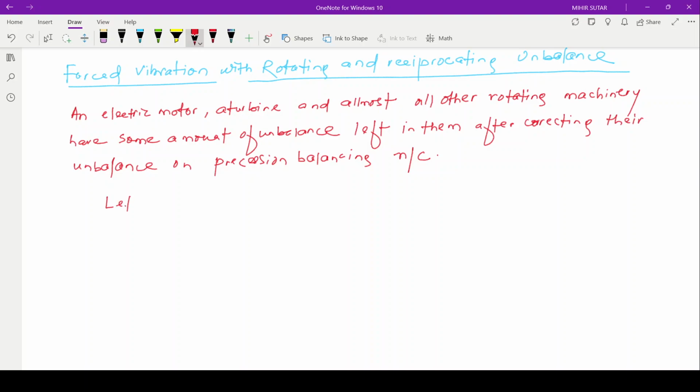Now let m0 be an equivalent mass rotating with its center of gravity at a distance from the axis of rotation.